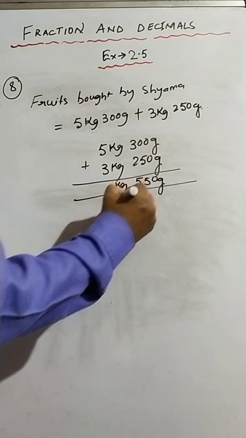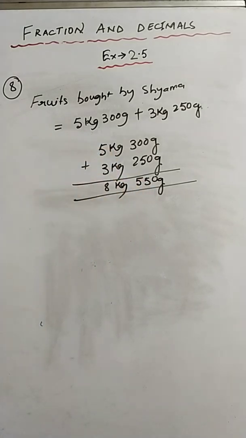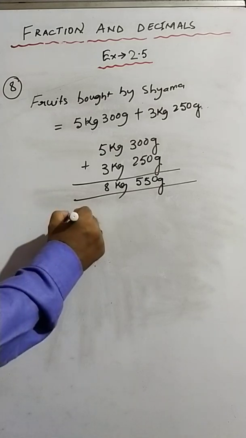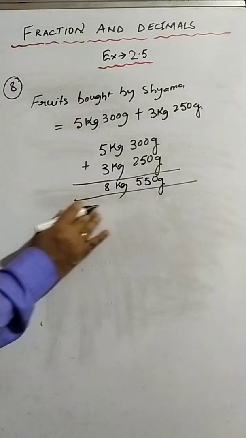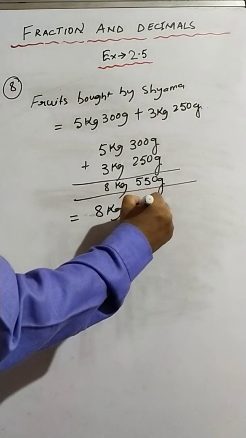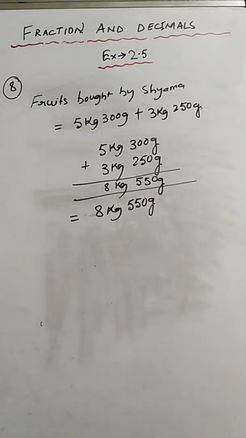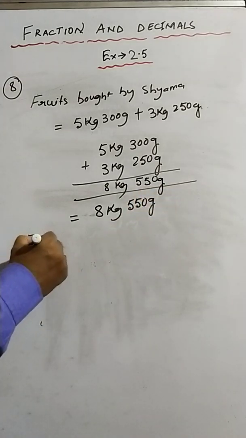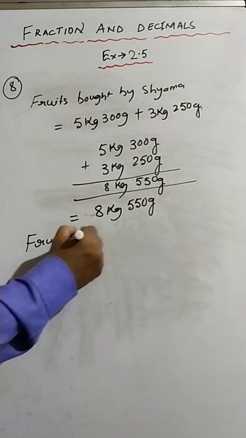Now we'll put it right in kg. 5 plus 3 is 8. So this is the total amount of fruits bought by Shama. That is 8 kg 550 grams.